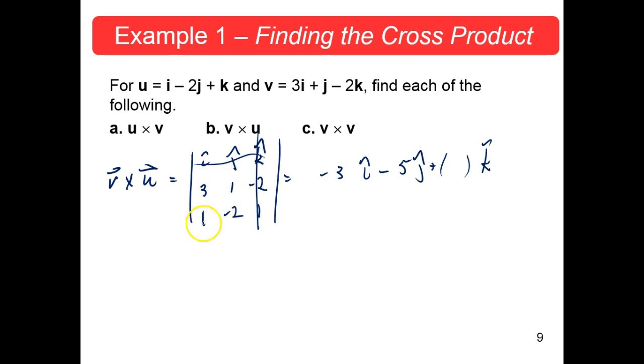Negative 6. Negative 1. So minus 6 minus 1 is? Negative 7k. So that answer is minus 3i minus 5j minus 7k.